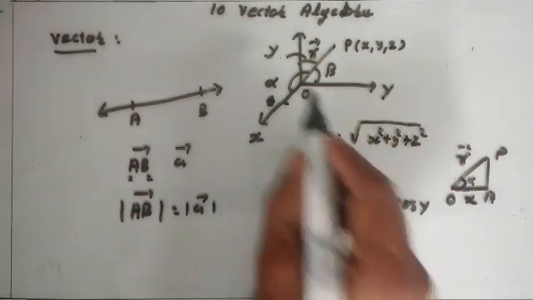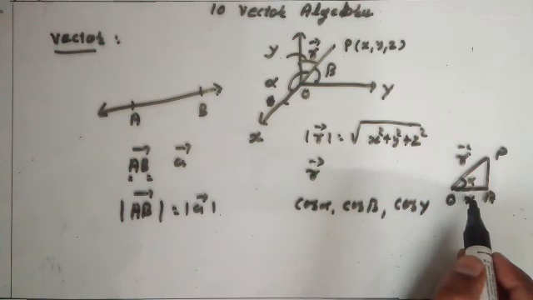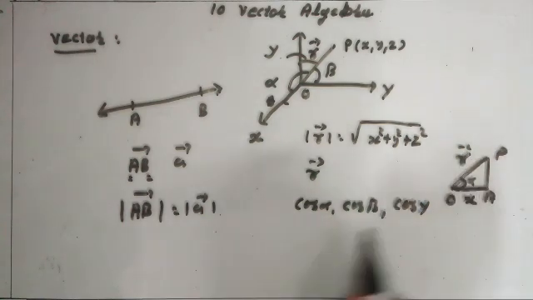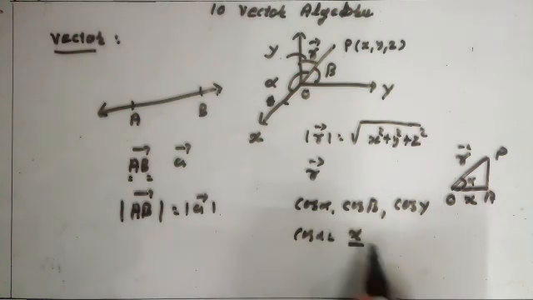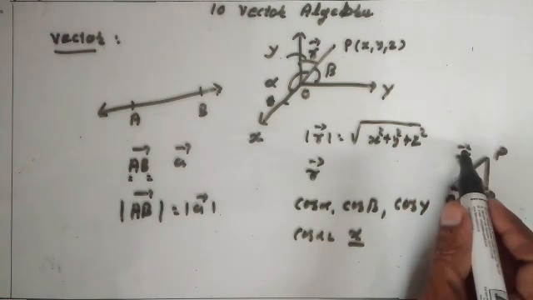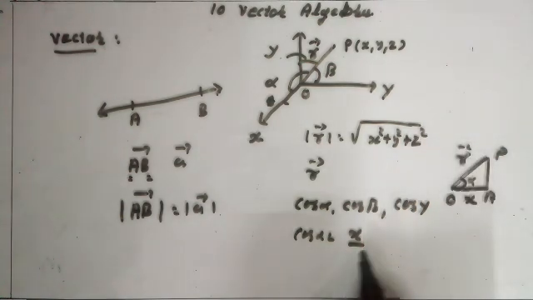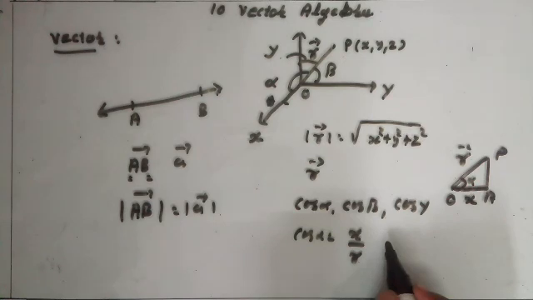And this angle is alpha. So cos alpha is equal to adjacent upon hypotenuse. So cos alpha is equal to x upon OP. Magnitude of OP is equal to R, that is, x upon R. So cos alpha is equal to x upon R.